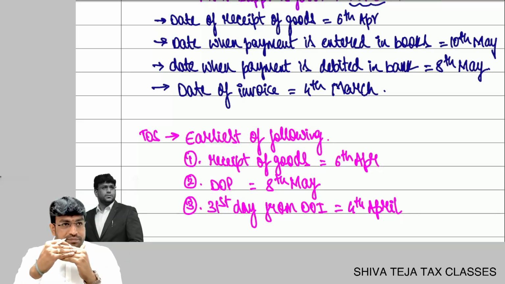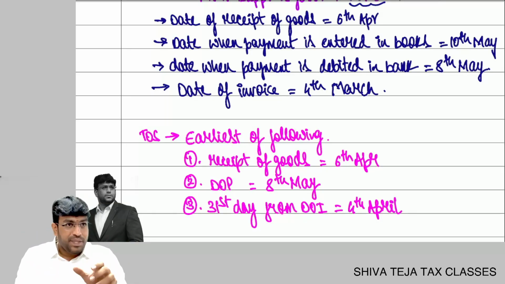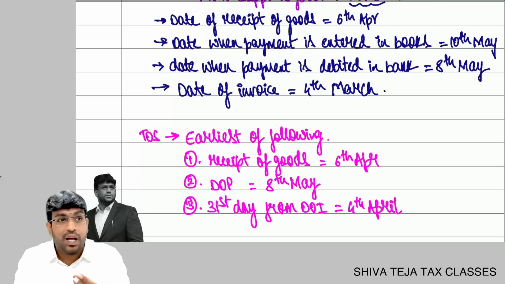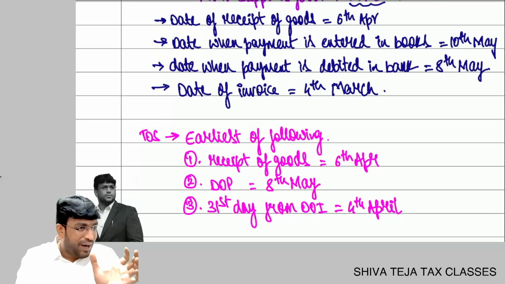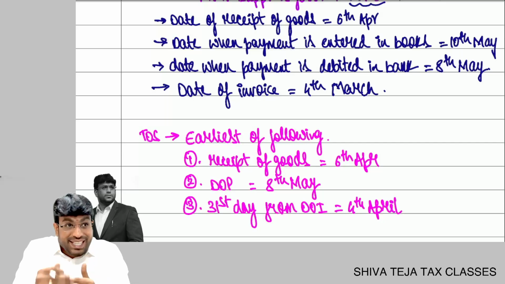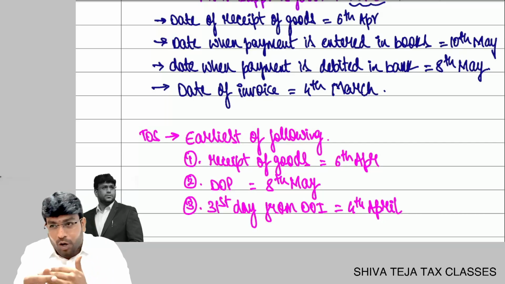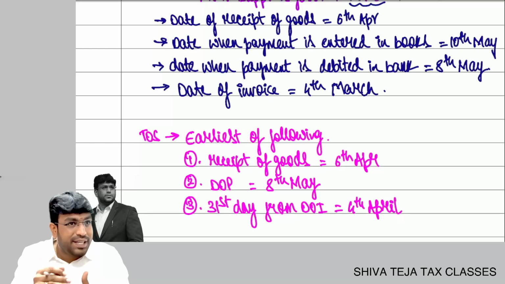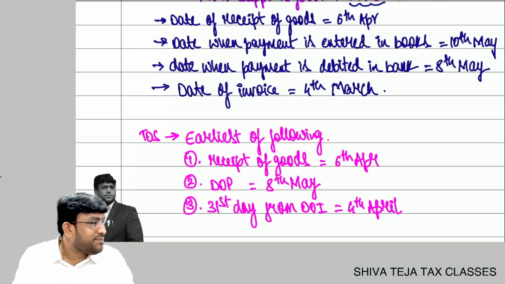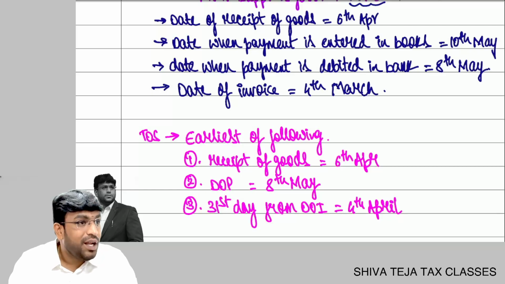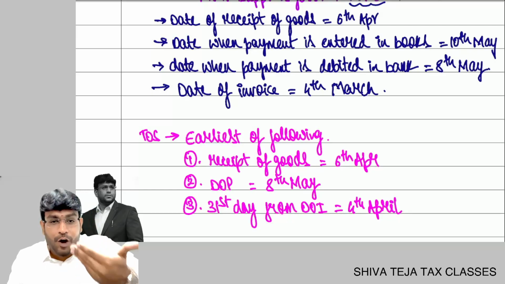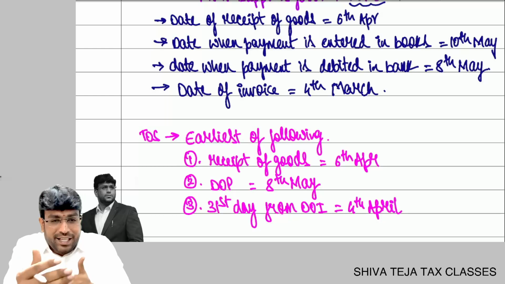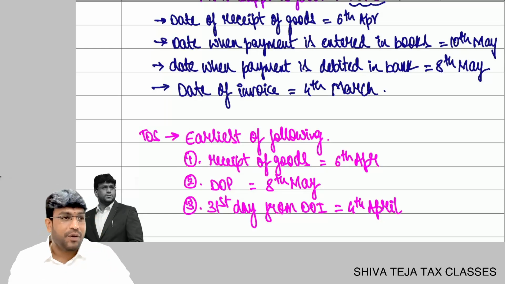Leave the invoice date, then calculate 30 days, and the next day after 30 days. If you look at the Bare Act, the original GST law, you will find language like "date immediately following 30 days from date of invoice."